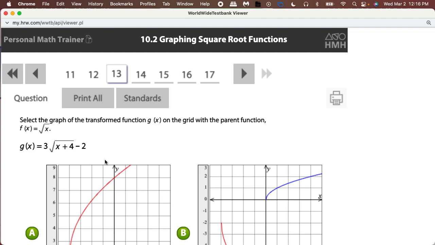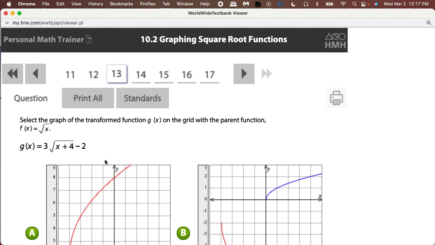Okay, the multiplier outside, so vertical stretch. So I'm pulling it like pulling on my curve upward. And the A number doesn't flip, it's just 3. H and K are -4, -2.